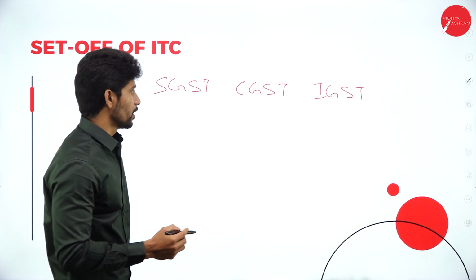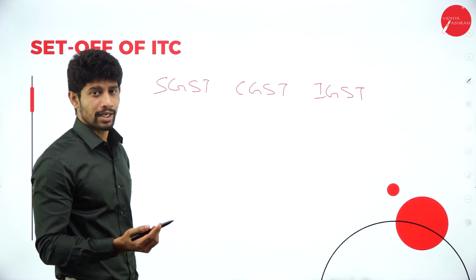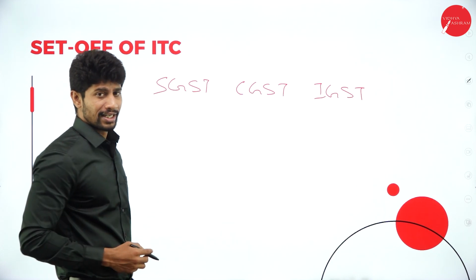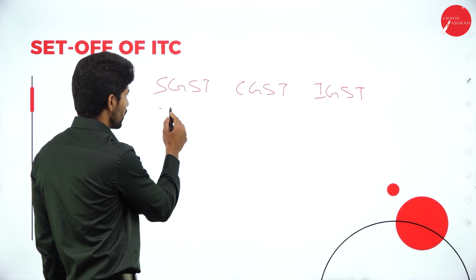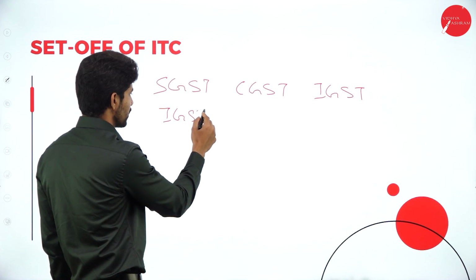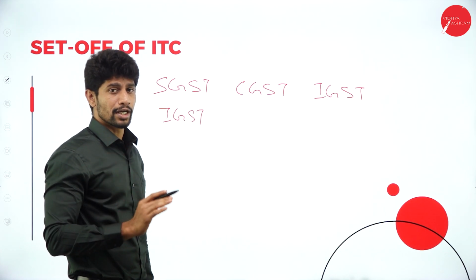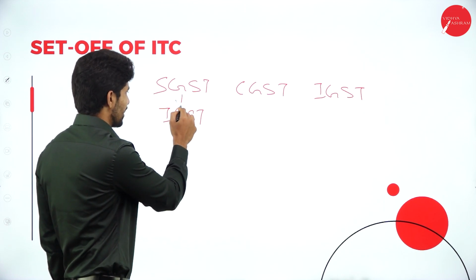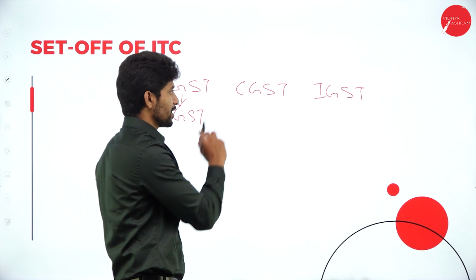For example, if you have excess amount in SGST, you can set off that excess amount with IGST. Next, CGST.